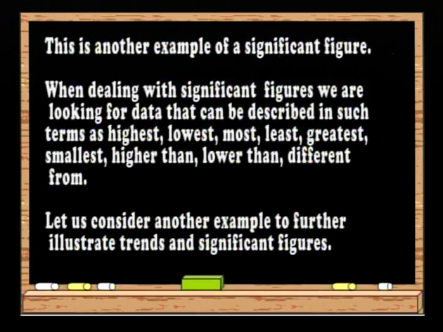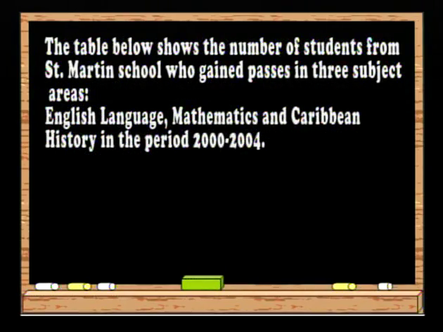Let us consider another example to further illustrate trends and significant figures. The table below shows the number of students from St. Martin's School who gained passes in 3 subject areas: English language, mathematics, and Caribbean history in the period 2000 to 2004.